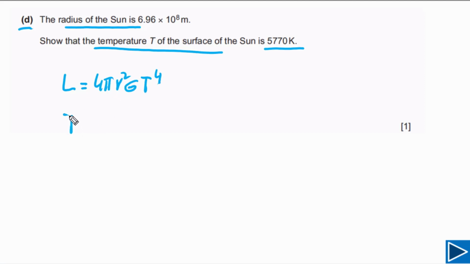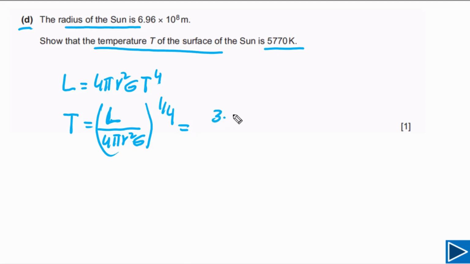Now we need to calculate temperature from here, so we can write down temperature T. In this case T will be equal to luminosity over 4 pi r squared times sigma, all to the power of 1 by 4. And now we can just plug in values. Luminosity was given, that was 3.83 times 10 to 26 watts.